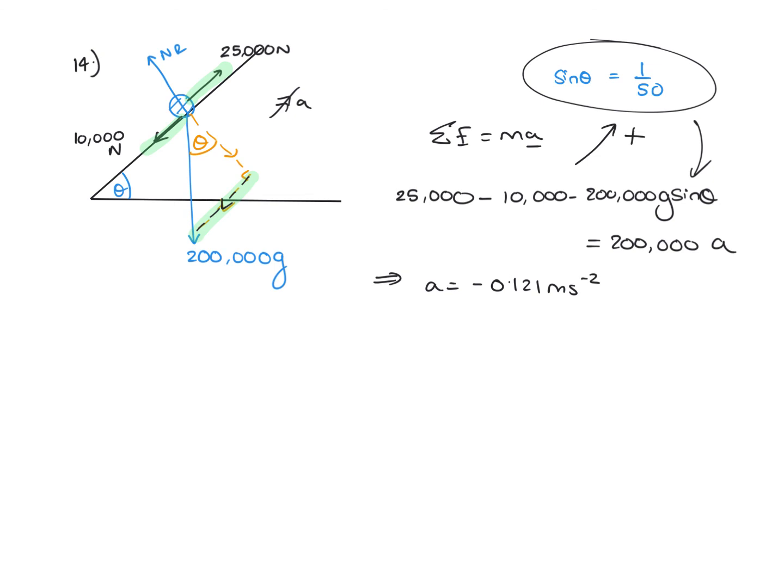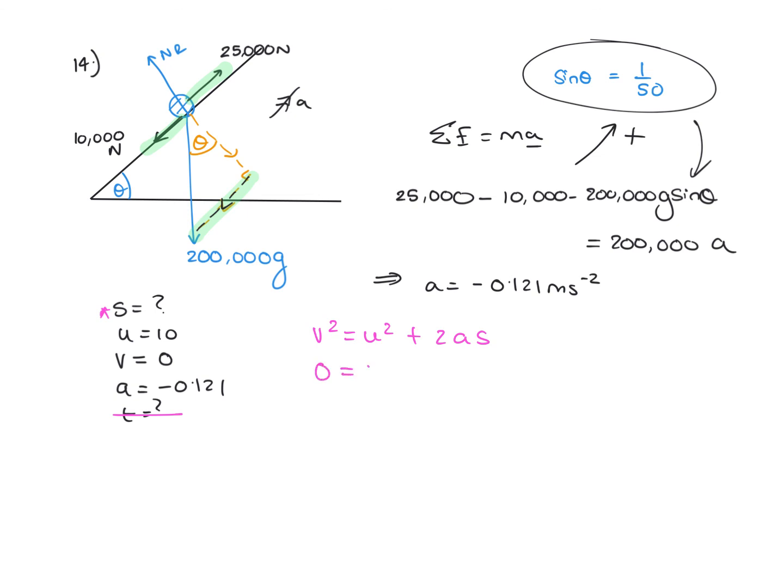So we have to show that the train comes to a standstill after climbing for 413 meters. So if we say s equals question mark, u equals 10, v equals 0 because we're coming to a standstill, a equals minus 0.121, t equals question mark. Let's lose the t, we want to find s, and v squared equals u squared plus 2as.